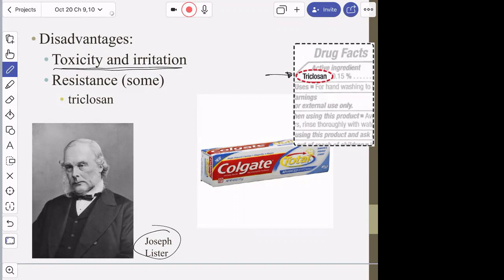How could something be called BioFresh and not be good for you, right? Okay. And we're also finding, though, that some organisms like Pseudomonas were developing some resistance to triclosan. So, okay, again, heavy metals, phenols, not in as much use today, certainly.